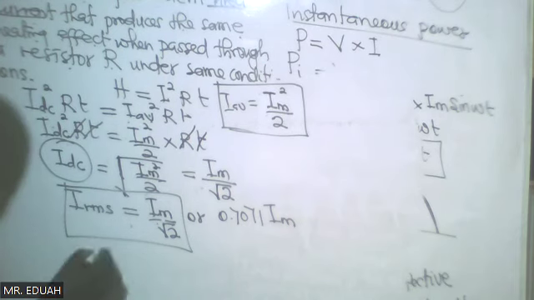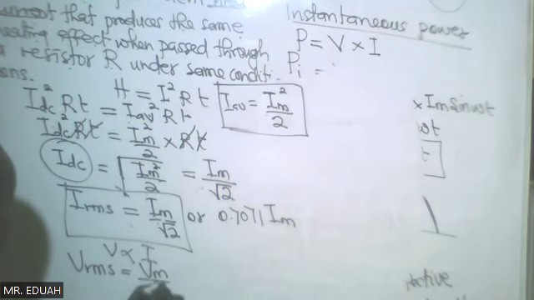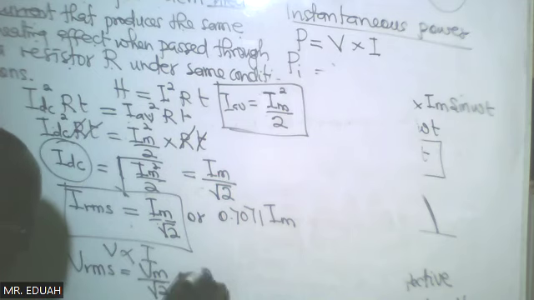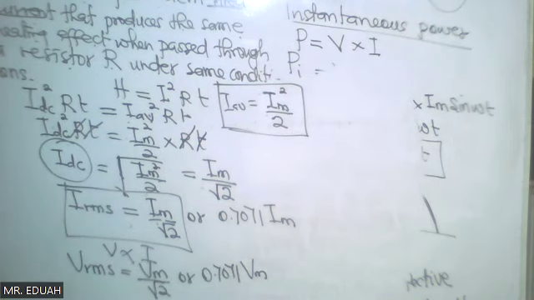Because V is directly proportional to I, if we have I_RMS value, we equally would have V_RMS value. And it's the same relation. How we derived it is the same thing. So V_RMS is also equal to the peak or maximum voltage divided by root of 2, or 0.7071 times the peak voltage.